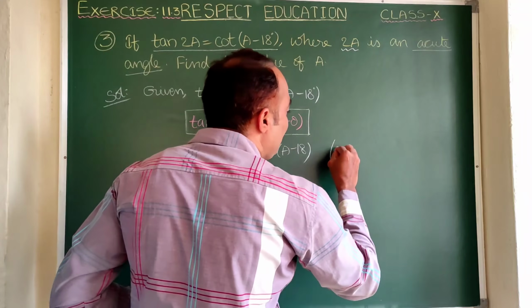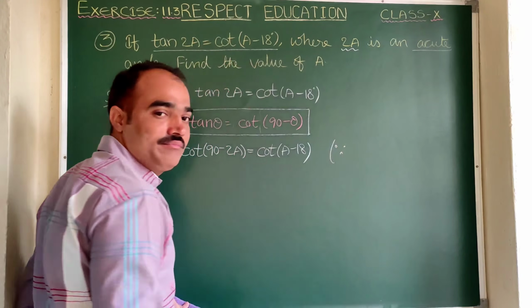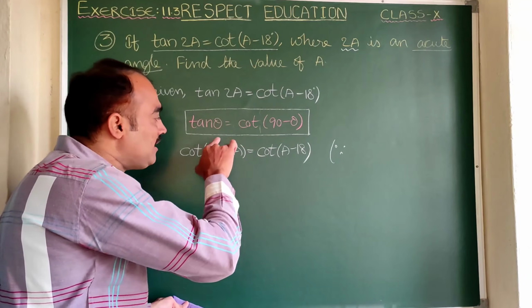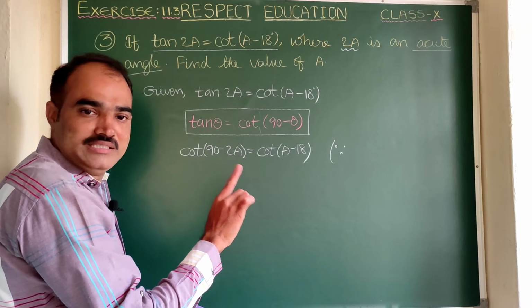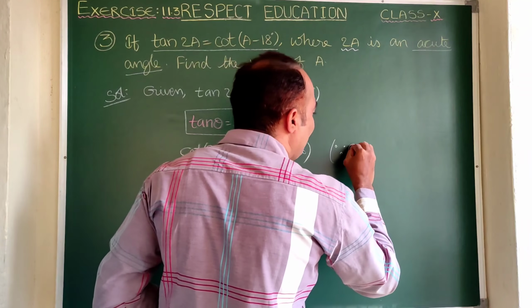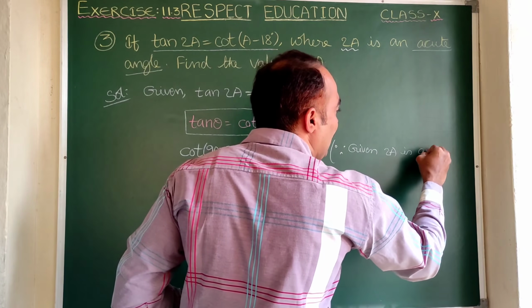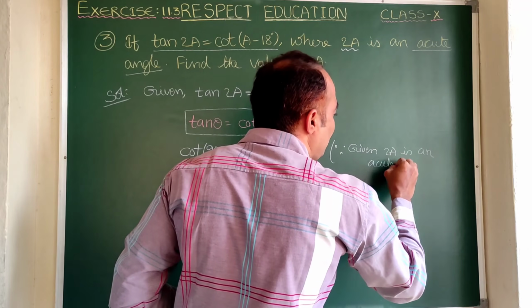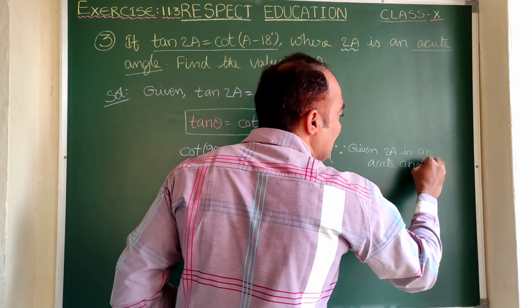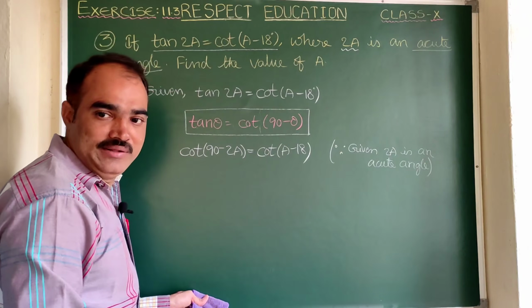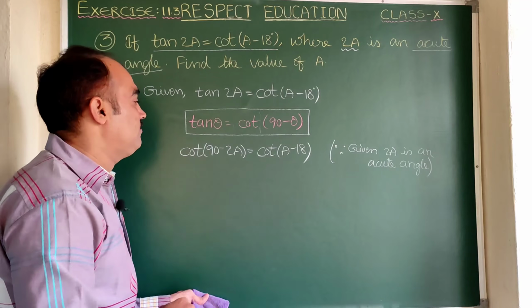So that can be subtracted, because 2a is less than 90, so 90 minus 2a will be a positive value. That is the reason we are able to subtract 2a from 90. This is one of the ways.